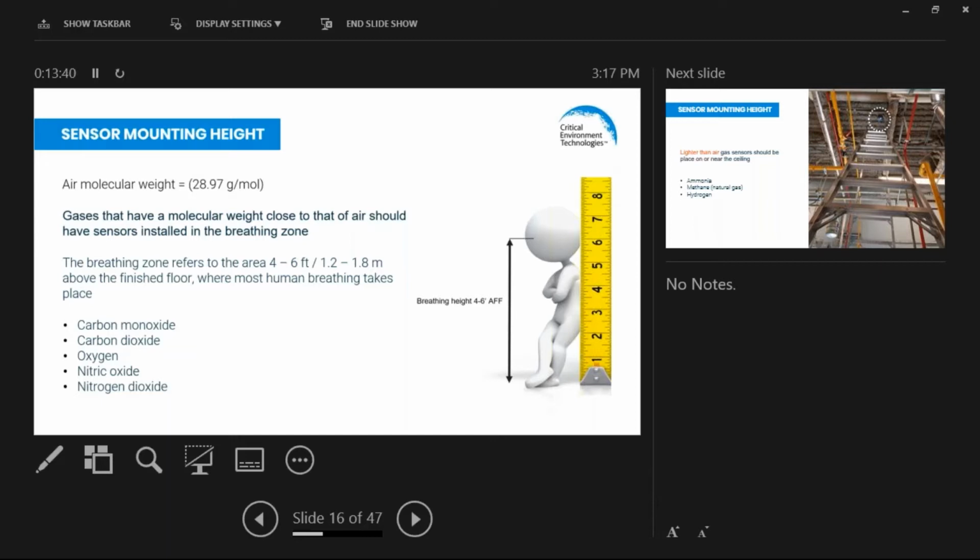Infrared cells and ultraviolet cells may have a shelf life of 1 to 2 years. And catalytic beads likewise may have a shelf life of up to a year. But it depends on the manufacturer, how the unit was manufactured, and the type of gas it was manufactured for.